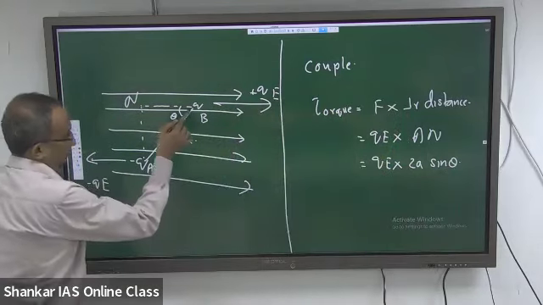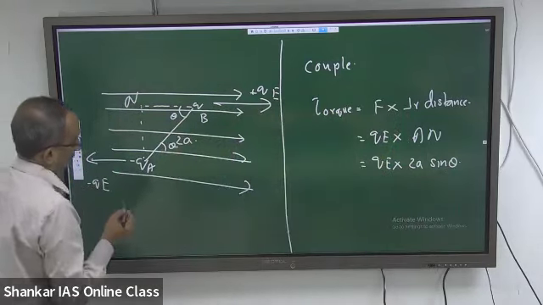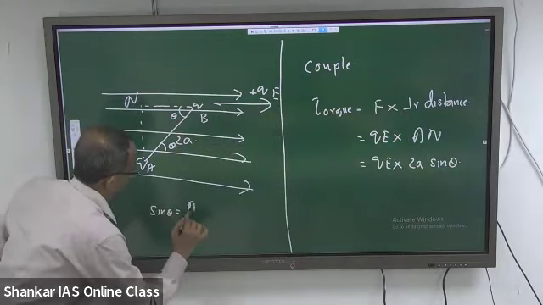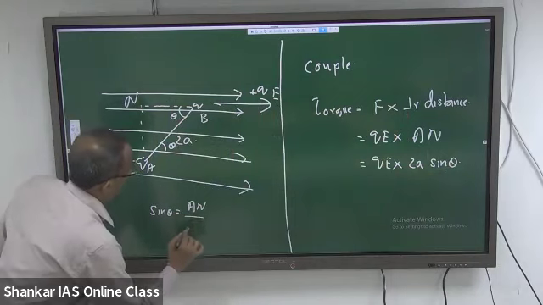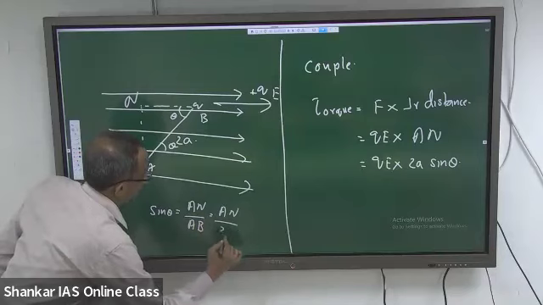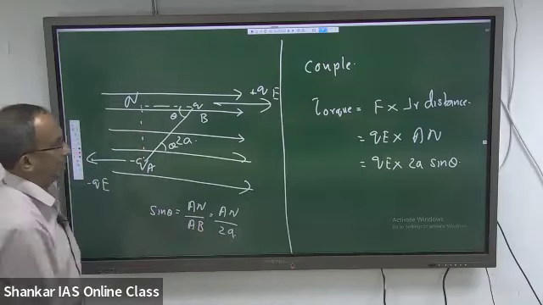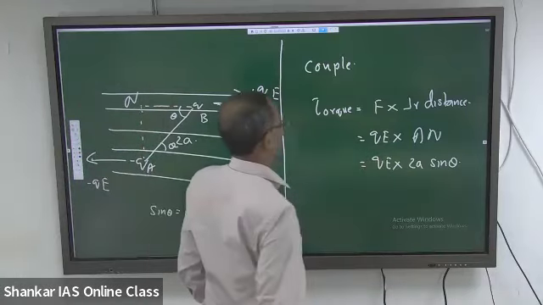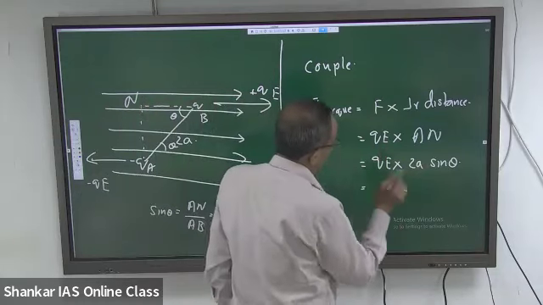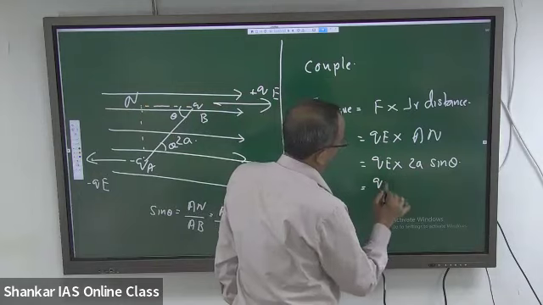Because the hypotenuse is 2A, AN is the opposite side. We can write sine theta equals opposite side AN by AB, which is equal to AN by 2A. Cross multiply. You will get AN equals 2A sine theta. Then we can write QE into 2A.